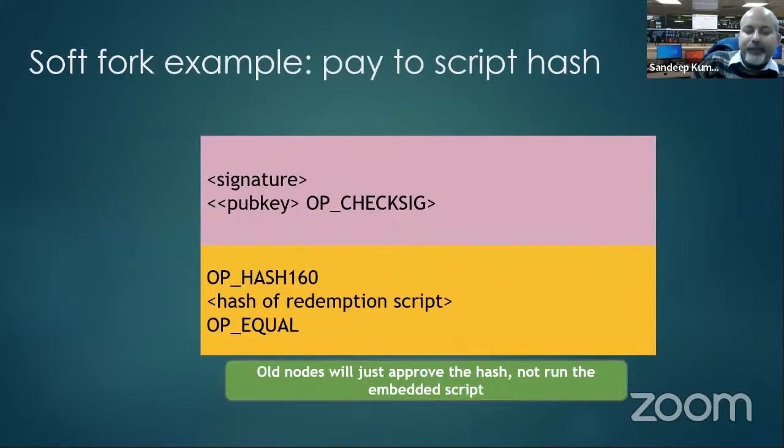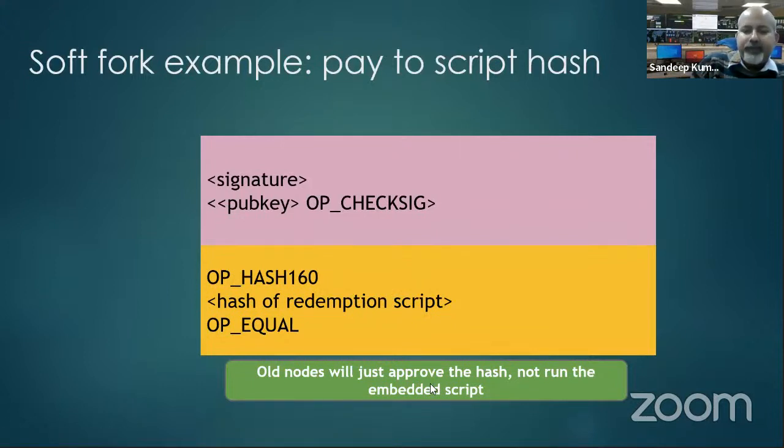An example of that was introduced when a new type of transaction was allowed in Bitcoin called pay-to-script hash. Pay-to-script hash basically allows you to, instead of saying that I'm going to give some money to a single address, give a hash of a script, and that script will be executed to do some transaction.